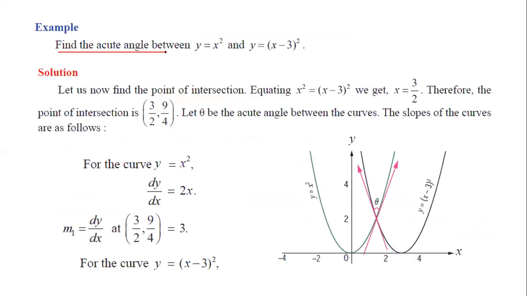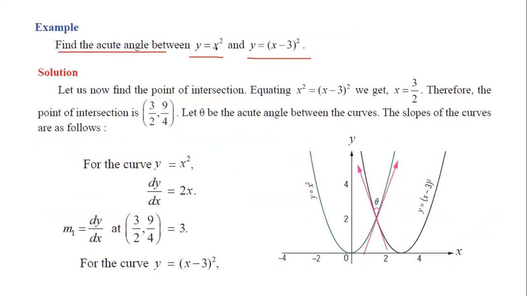Find the acute angle between y equal to x square and y equal to x minus 3 whole square. Both of them are in the format of x square equal to 4ay. Here the center is 0 comma 0.